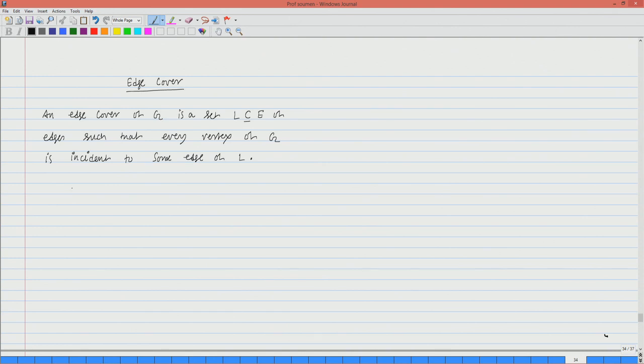Let me give an example. I will consider the same graph again. So, this is a bipartite graph, and these are the edges of this graph.